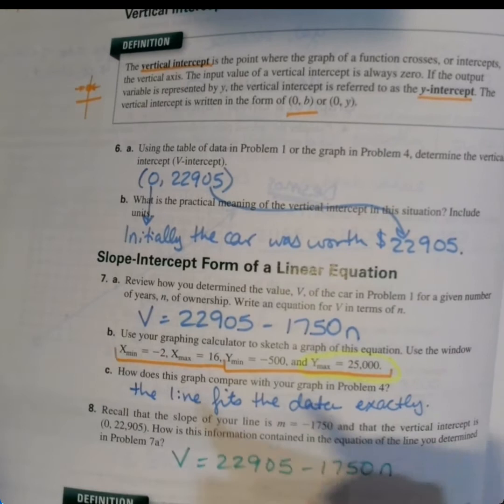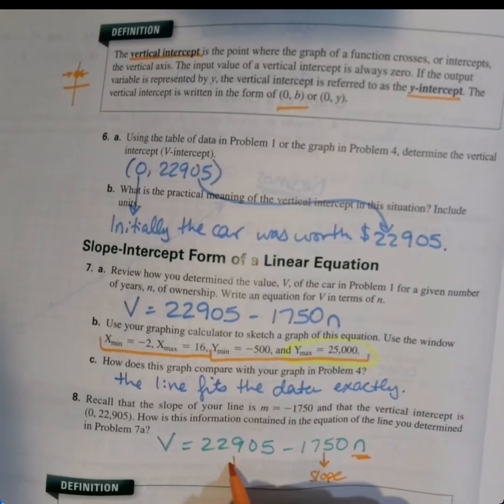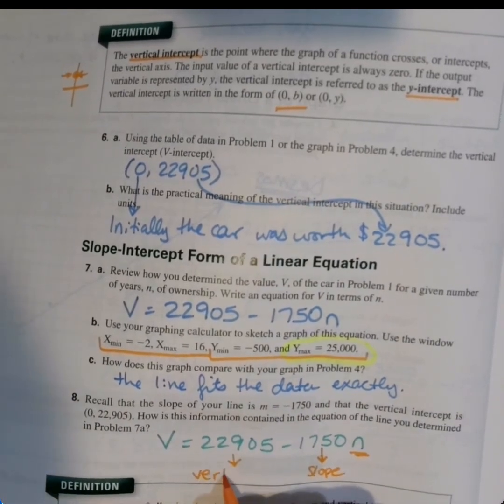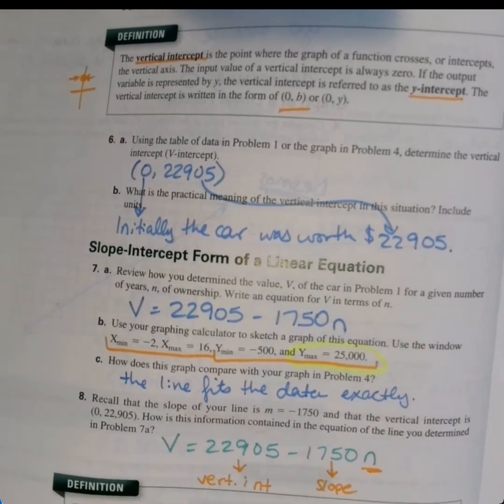As pieces of this equation, we see that our slope value is right here with our variable, and our vertical intercept is the other number that does not have the variable.